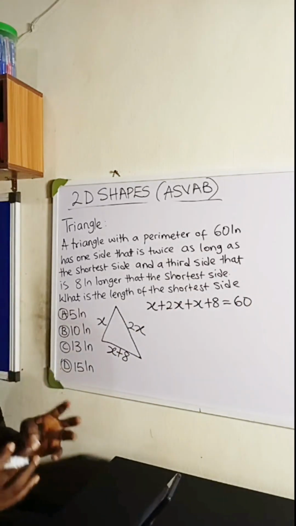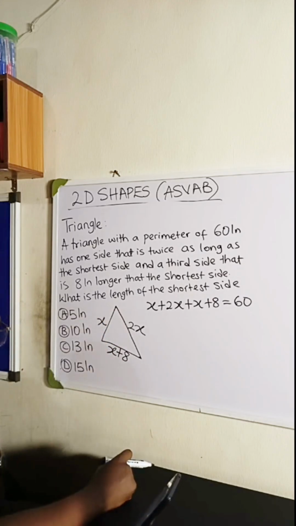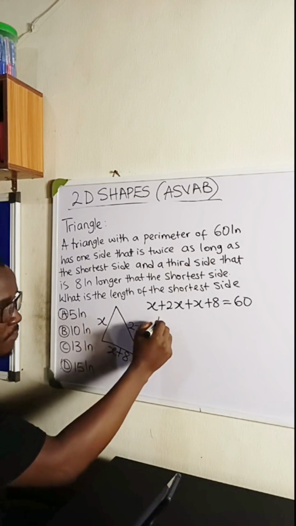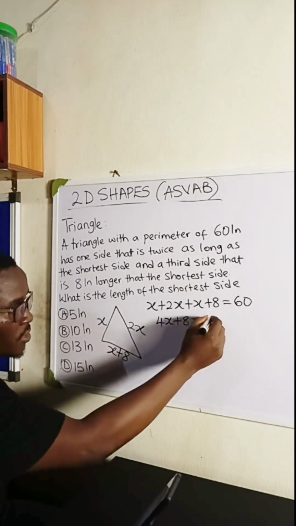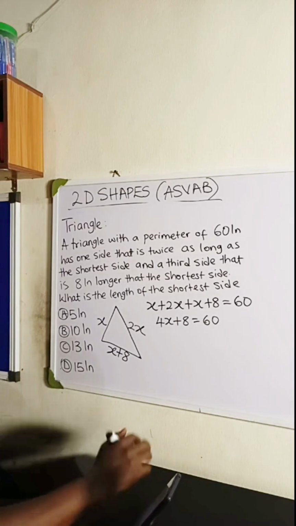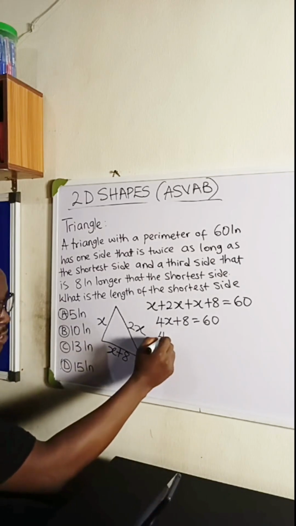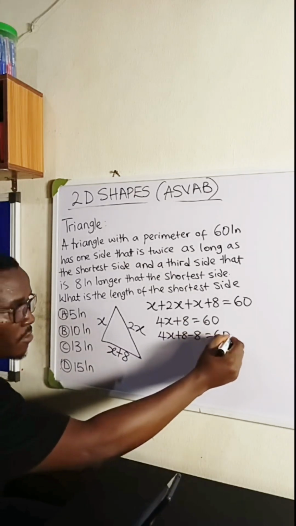Remember, the perimeter of a 2D shape is the sum of all the sides. So x plus 2x plus x gives us 4x plus 8 is equal to 60. Subtracting 8 from both sides, 4x plus 8 minus 8 is equal to 60 minus 8.